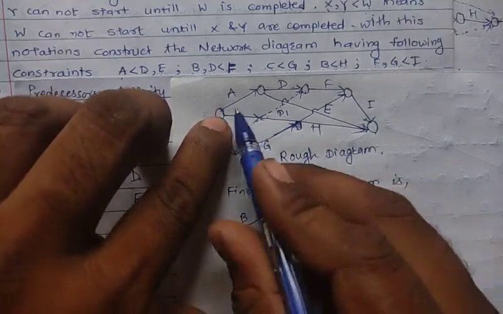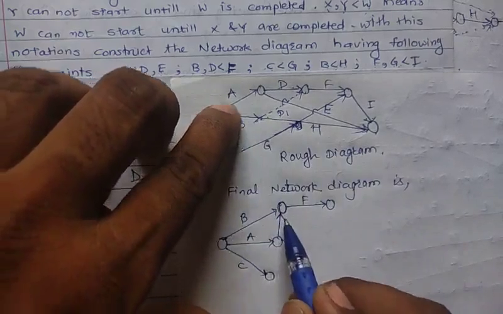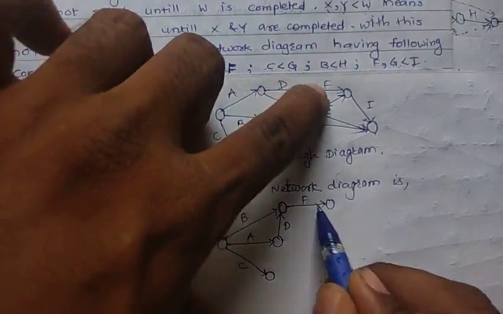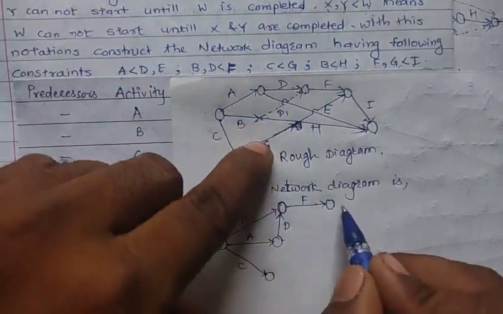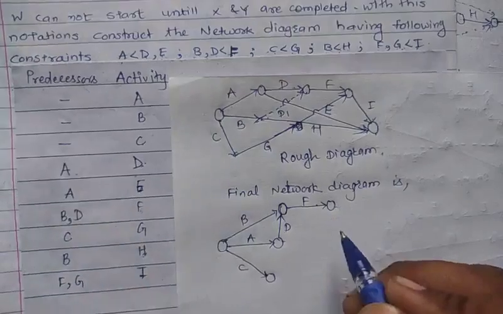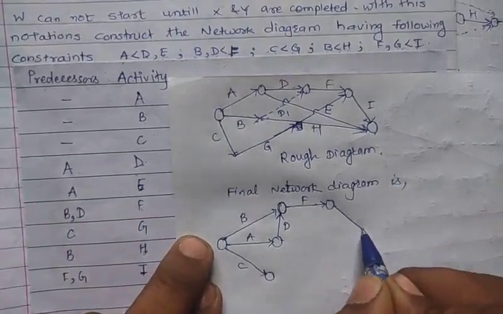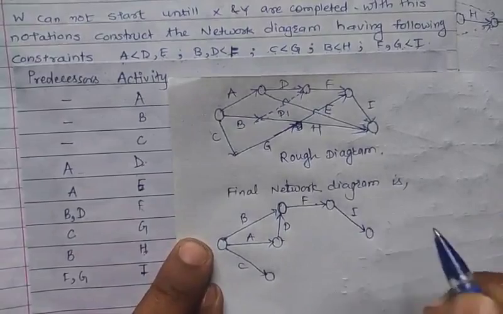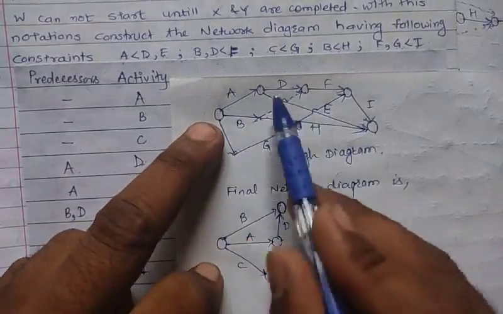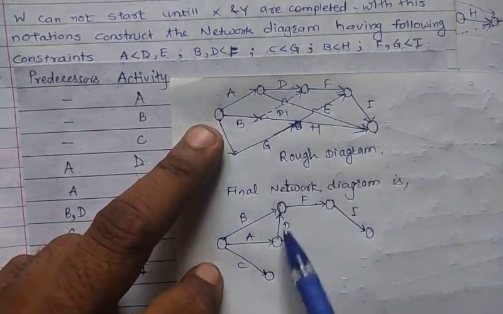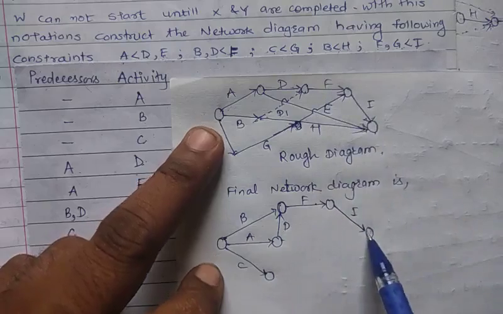And next, A goes to D, D goes to F, F goes to I. So this is F goes to I. Okay, so A goes to D, D goes to F, F goes to I is done.